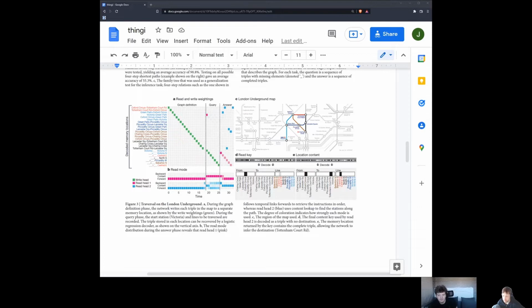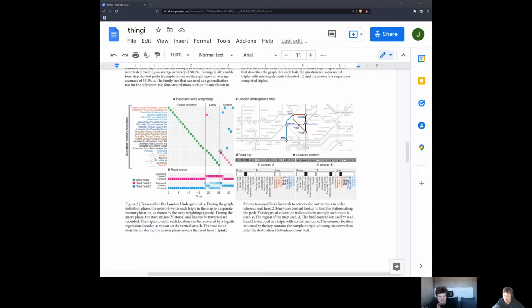For me, it's always a bit difficult to understand these specific graphs, even in the last paper as well. But when you talk about it, it's a bit easier to understand. I guess the only question for me is, when read head 2 is reading this content-based, let's say randomly, what is read head 1 doing?